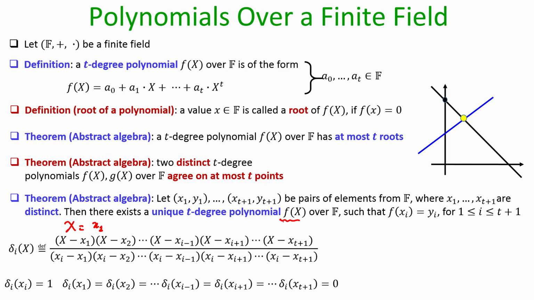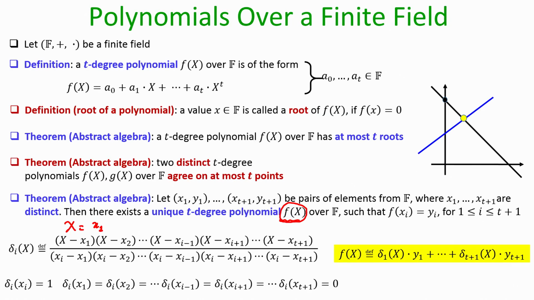Now, my goal is to find the unknown polynomial f of x passing through the t plus 1 given pairs of x_i, y_i values. And I can represent that unknown polynomial in terms of these delta_i of x polynomials as follows. My f of x polynomial is the first delta polynomial delta_1 of x times y1, plus the second delta polynomial times y2, and like that the (t+1)th delta polynomial times the (t+1)th y value.